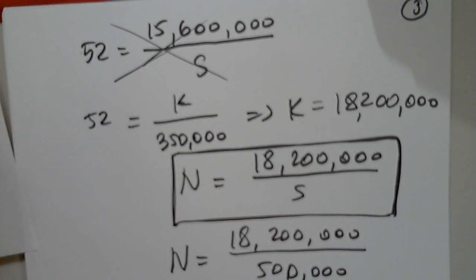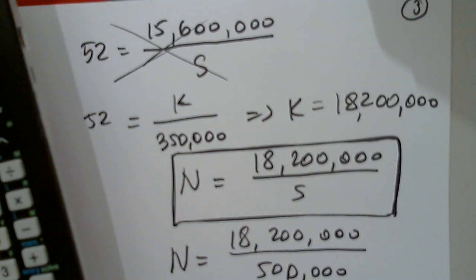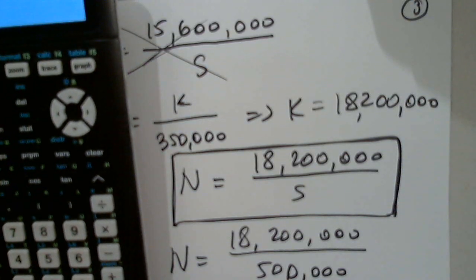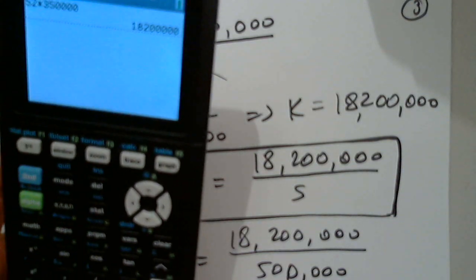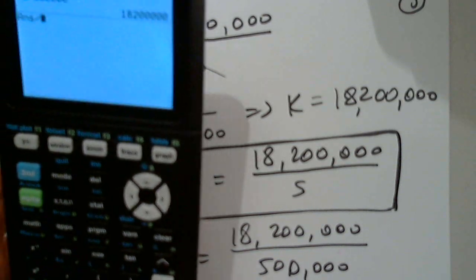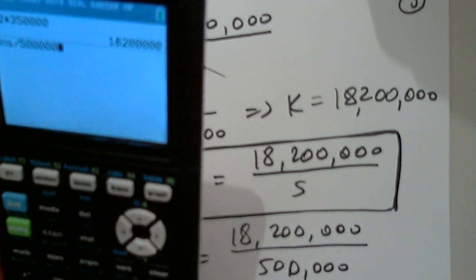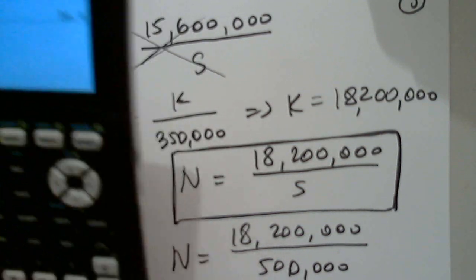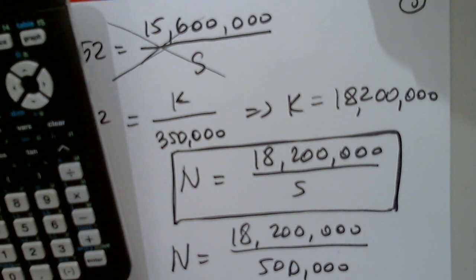So I want to determine the number of cities for 500,000. So I will divide this by 500,000. So I got that N equals 36.4.